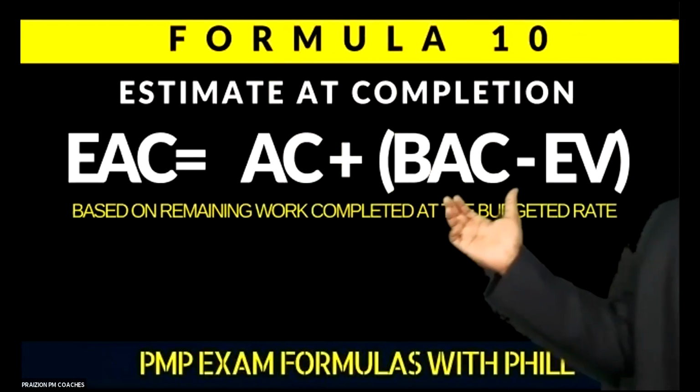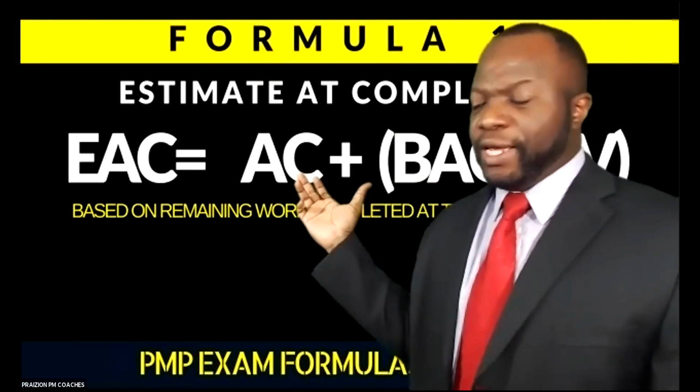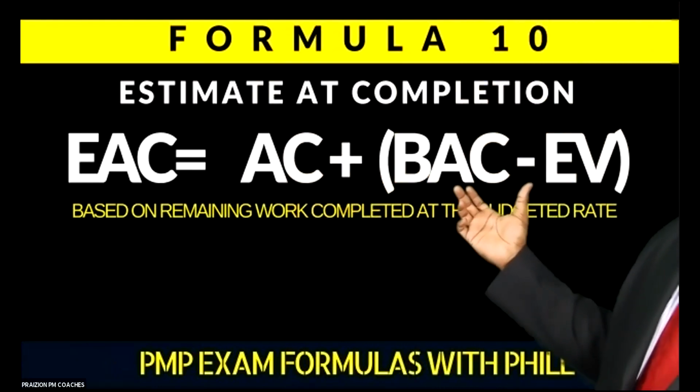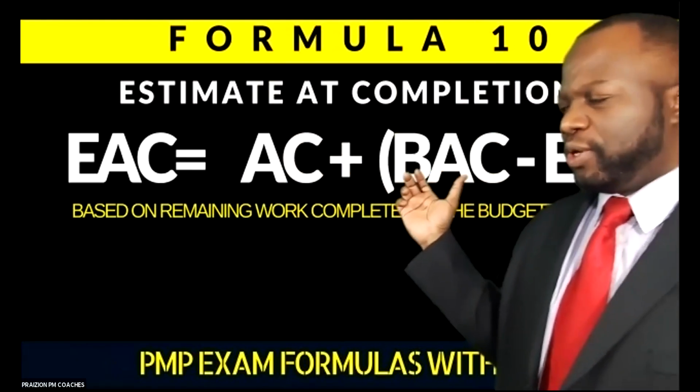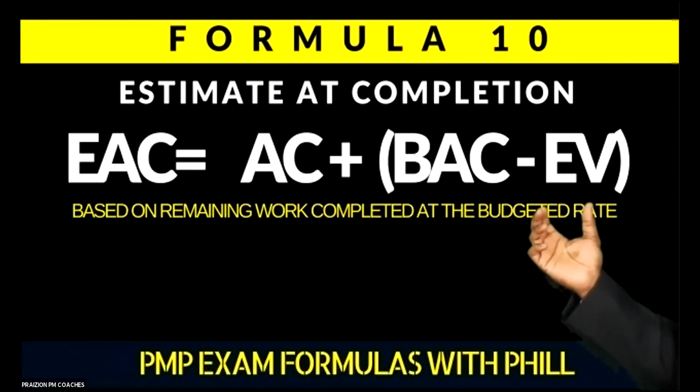But it is used when your budget still holds some truth, okay? When you still have face in the company. Oh yeah, that was a one-off. This budget is still solid, you know. So AC plus BAC minus EV, okay?